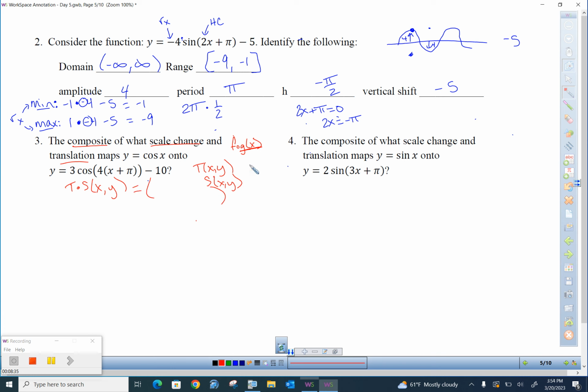Okay, well, as a reminder, for a translation rule, we had x plus or minus something, and then y plus or minus something, and then for our scale change, it was something x and then something y. And our first part, it was always opposite or switched from what we saw in the equation.